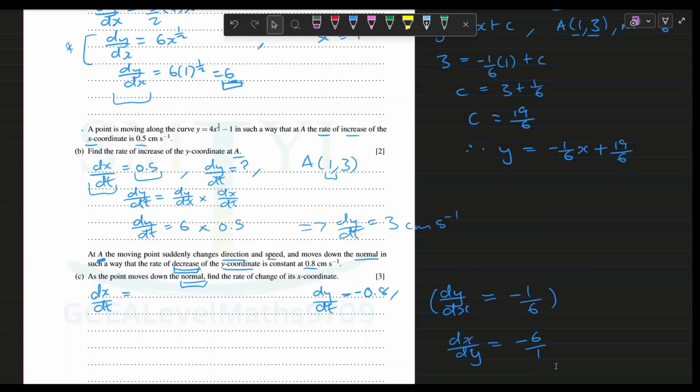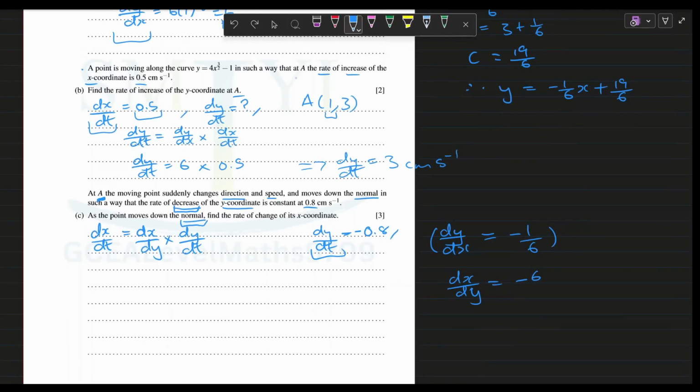So dx/dy is negative 6. So you can say that dx/dt is dx/dy multiplied by our dy/dt, because this can technically cancel out to give us our dx/dt. And now we can just substitute in to get our dx/dt. So dx/dt is equal to dx/dy being negative 6 multiplied by dy/dt being negative 0.8.